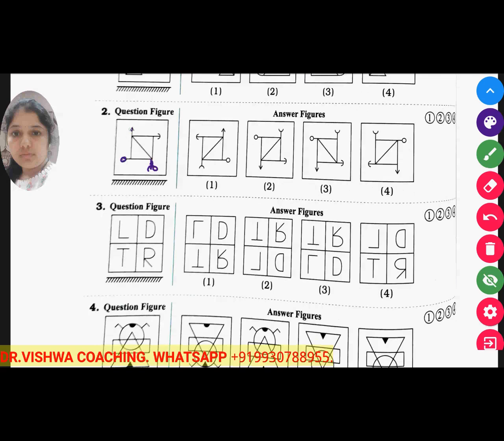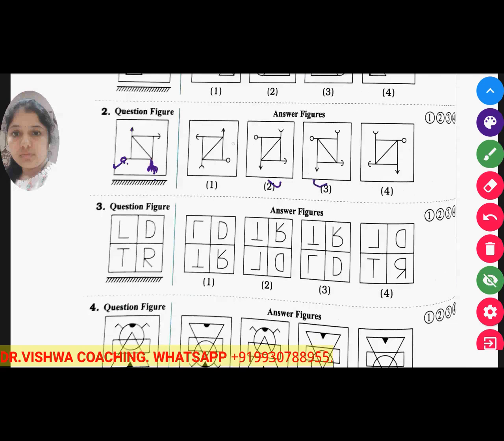The symbols in the downward side, this circle and this Y-kind of symbol, come to the upper side, the circle remains in the left and this remains in the right. Which option shows these two things? Options number 2 and 3 resemble the same.